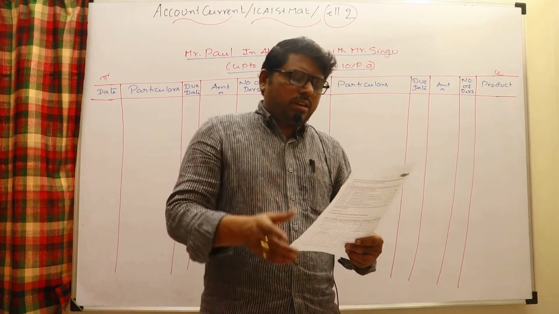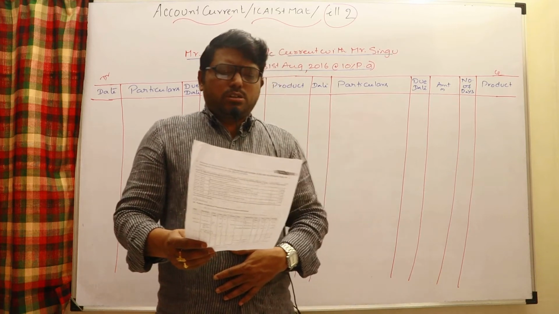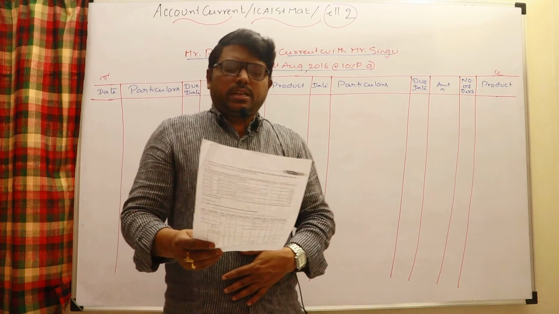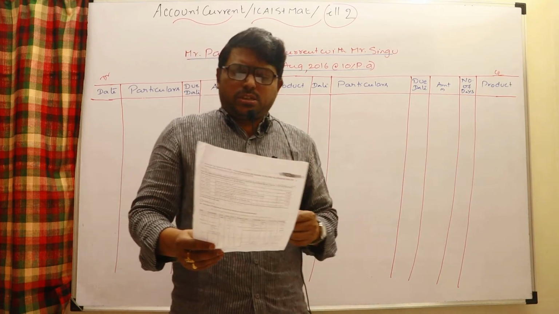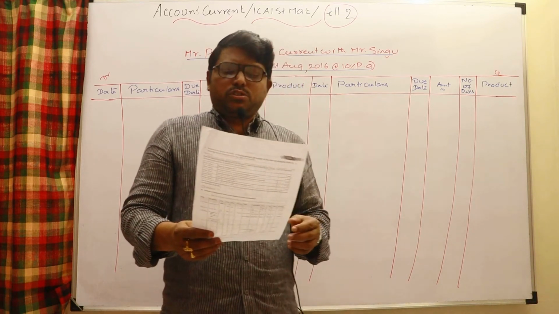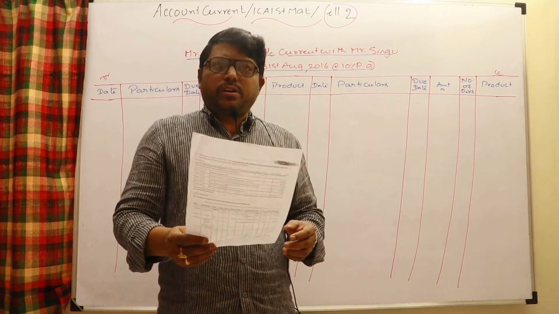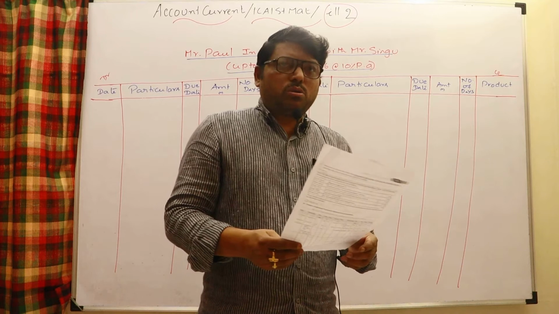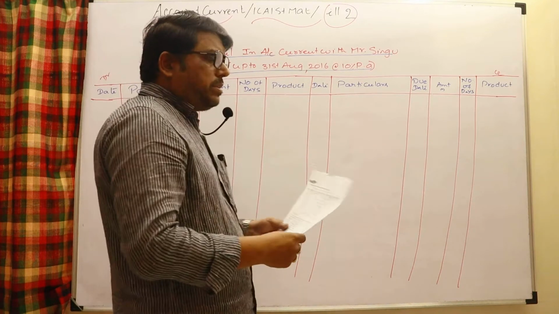You have to record all the transactions up to 31st August 2016. Many transactions took place. Interest at 10% is to be considered for every transaction, and the year is assumed as 365 days. Simply calculate the interest for the given transactions by the account current. Put the heading Mr. Pal in account current with Mr. Singh.